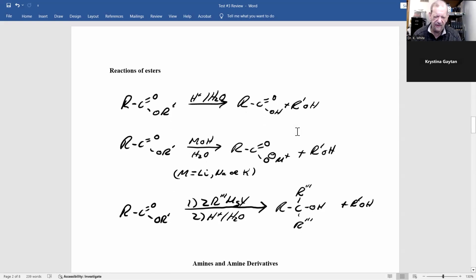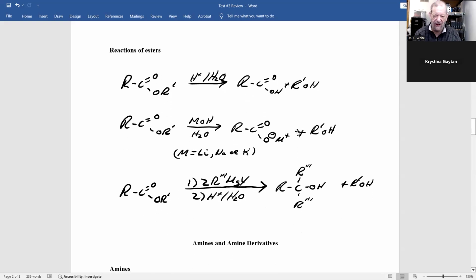Now, you can also do base hydrolysis. This is called, and I'll never ask on a test, but I still should tell you, saponification of an ester. And what you do is you react an ester with base, MOH, and water. Hopefully, you all know that's H2O. And M can be either lithium, sodium, potassium in my class. And there you get not the carboxylic acid like you get up here, but you get the carboxylate anion of the carboxylic acid you would have used to do that.